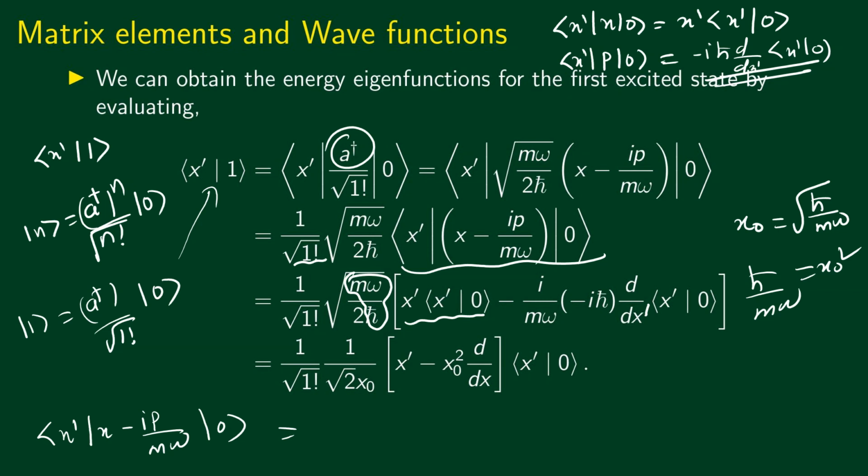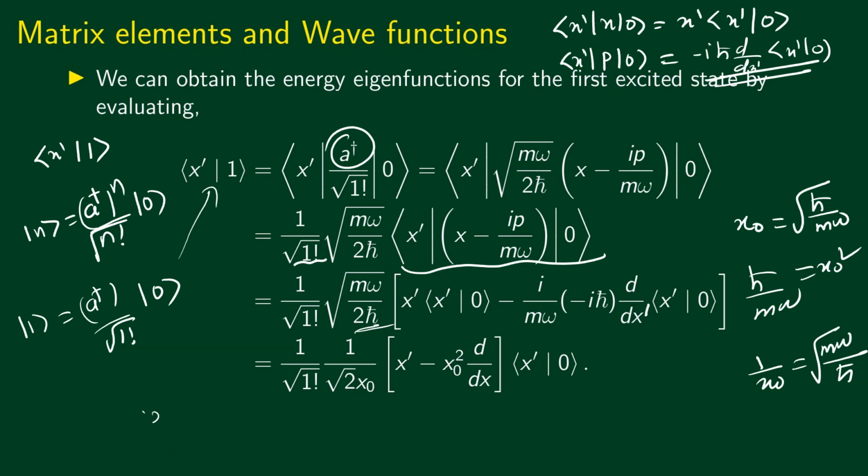We can use 1 divided by x0 is equal to square root of m omega divided by h bar. So this term becomes 1 divided by square root of 2 x0. The x0 is out of the square root, and the square root of 2 is already here in the denominator.